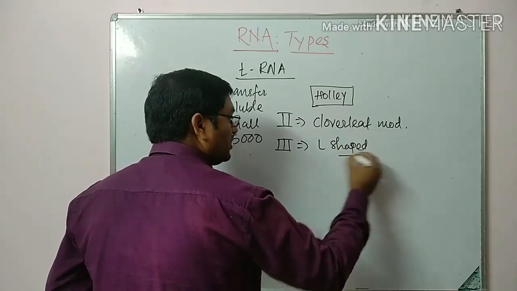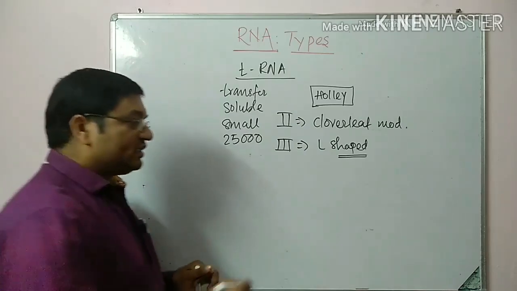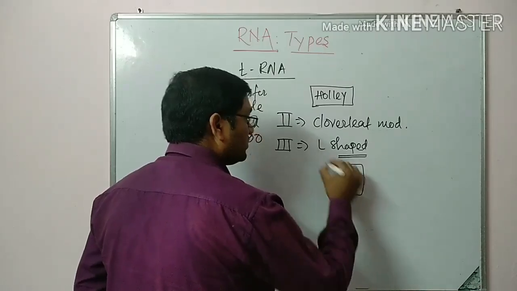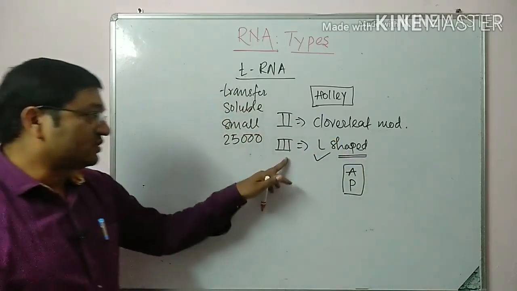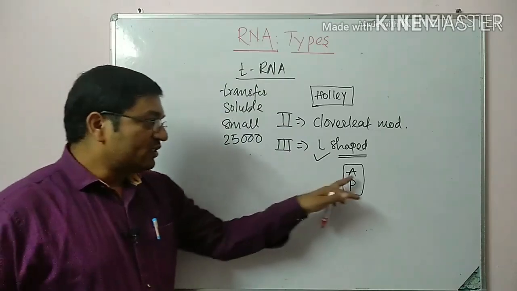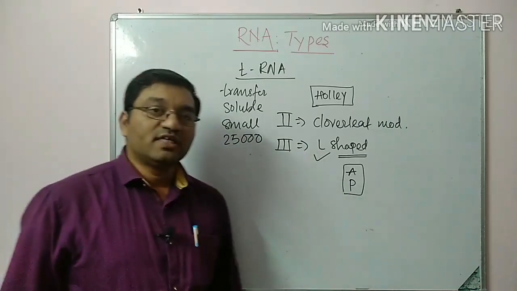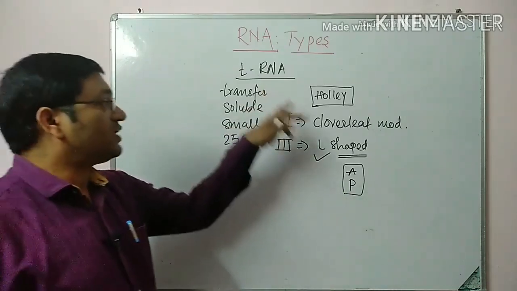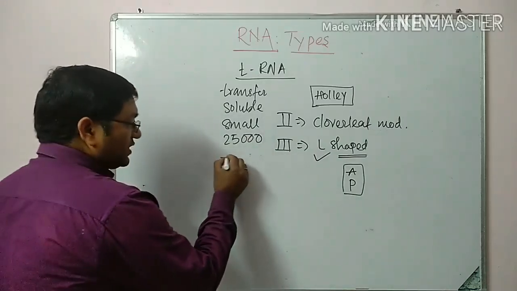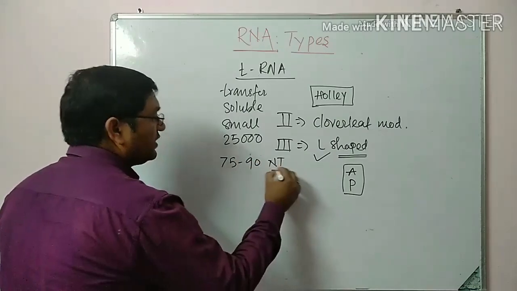It is important because it gets accommodated in the A site, that is the amino acid site, and the peptidyl site of the ribosome. That's why this three-dimensional structure of tRNA is important. Near about 75 to 90 nucleotides are there in the tRNA structure.